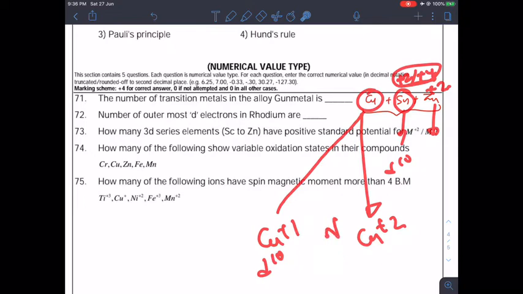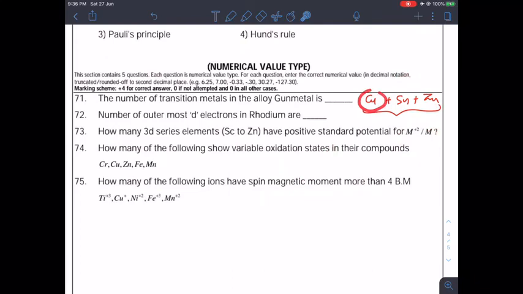So if D9 is there, that means one of the states exists in which we have partially filled D, so it is a part of transition. So how many transition metals? Only one, because gunmetal is a mixture of these, and copper is the only transition metal in that case.